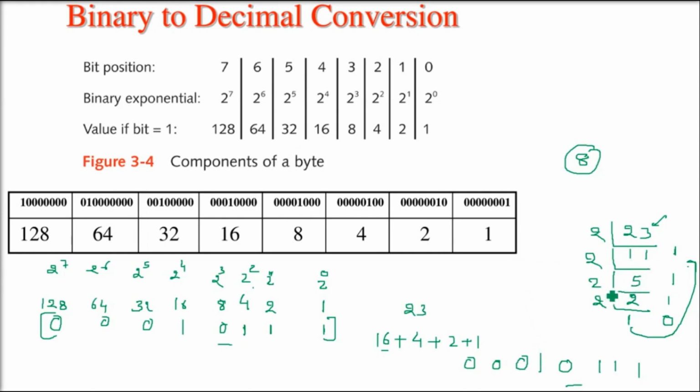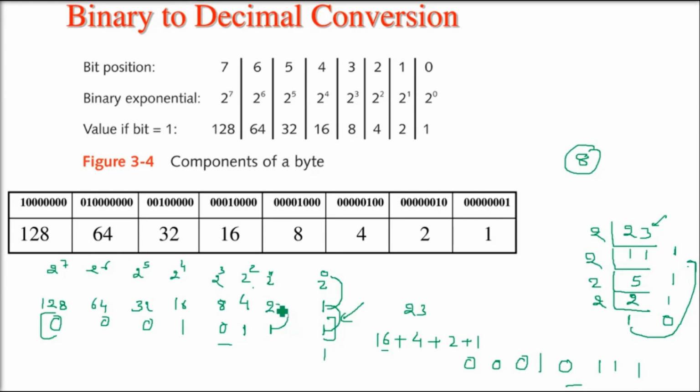Now, how to convert binary to decimal? I showed you the method. Now you can directly do the same thing. So this is binary. If this is the question in front of you, that this is in binary, and you want to find out the decimal, just multiply this 1 because it is 1 in the first position. So multiply 1 with 2 to the power 0, multiply 1 with 1.